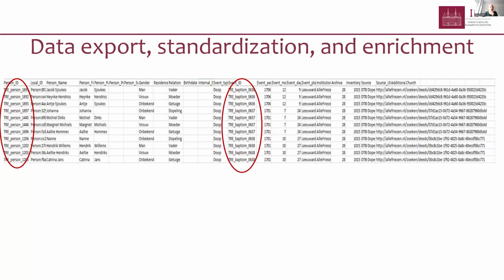I then also needed to standardize the data, so settle on a spelling variant of a name which I used as a standard variant. And then I also needed to add more data, like I said, about, for instance, the date someone passed away, someone's profession, and so forth.